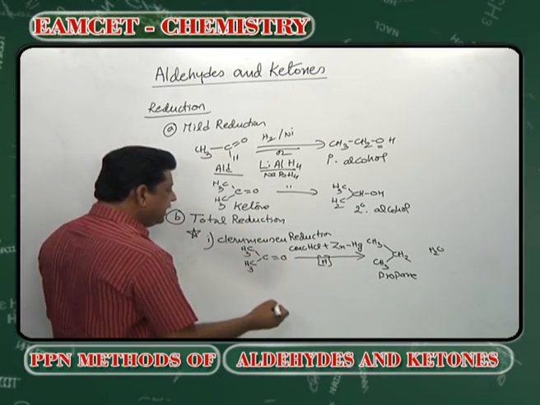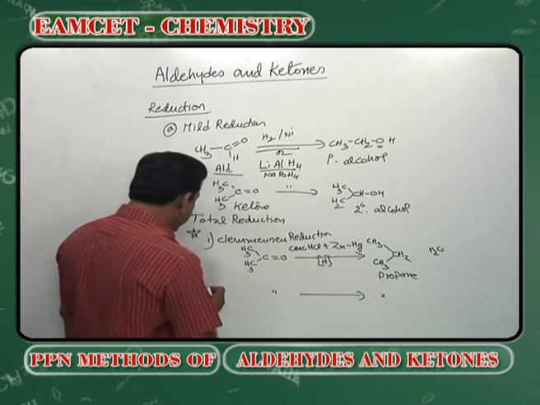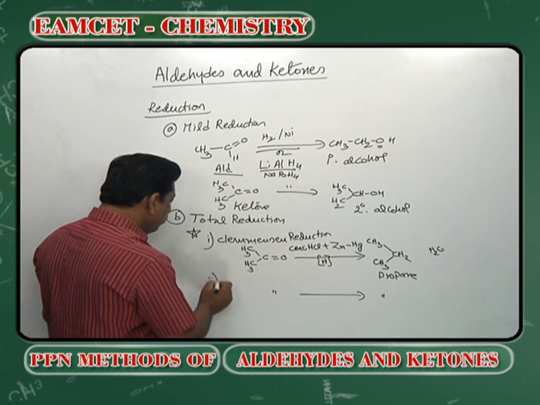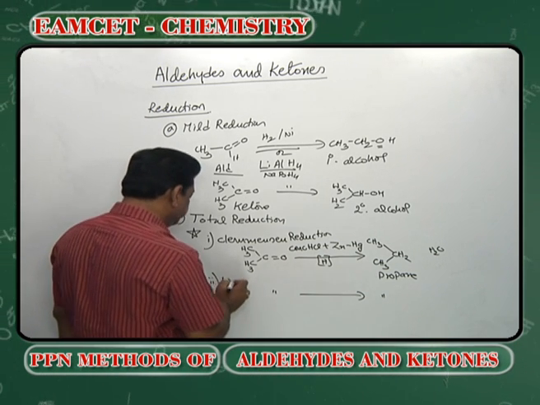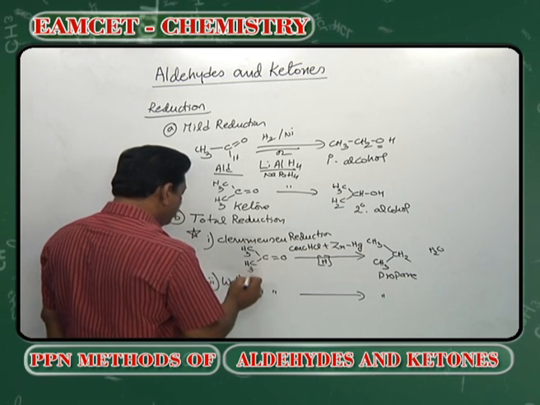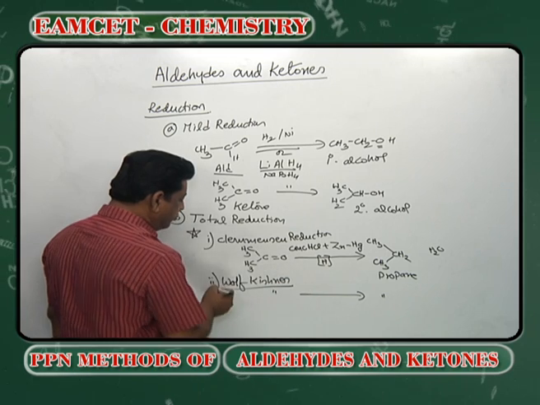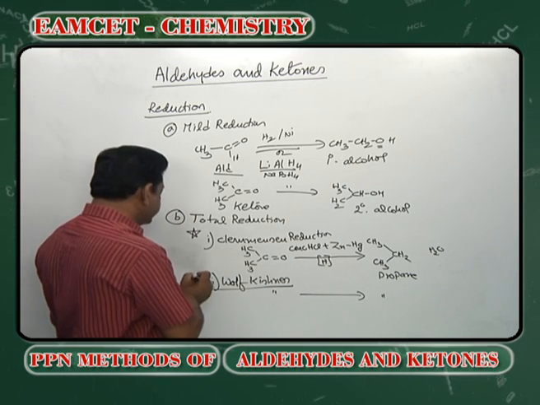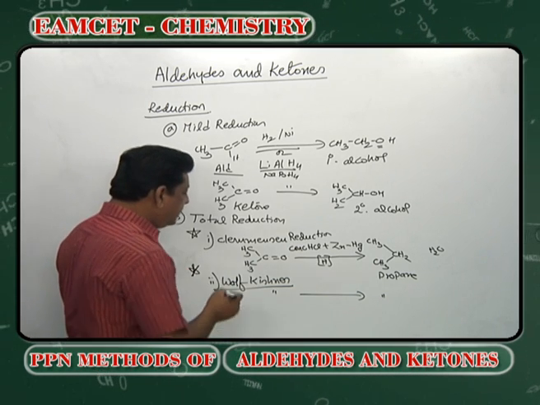With the same type of reaction, you take acetone and get propane by using another reagent known as Wolff-Kishner reduction. This is also a name reaction, asked 1 or 2 times in different EAMCET examinations.